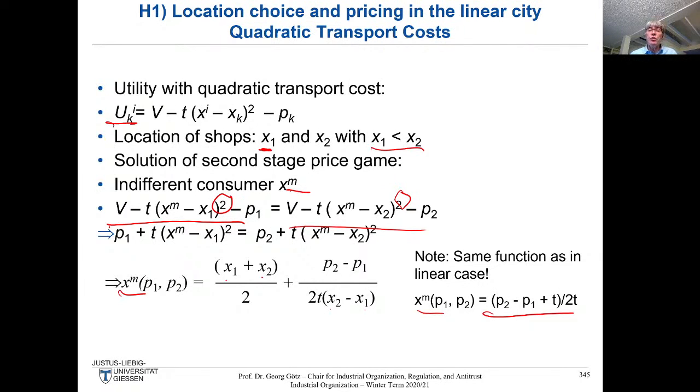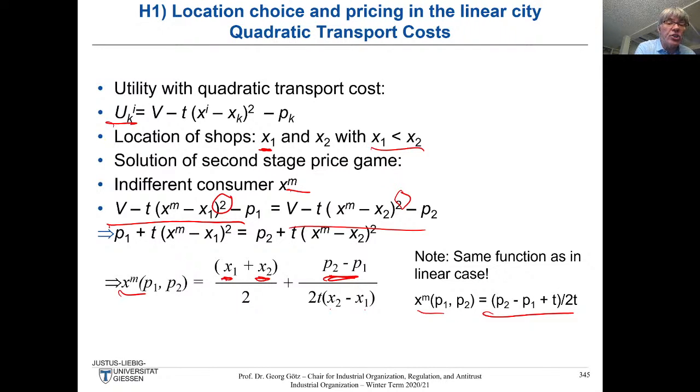But again, however, you get interesting results, because here, if prices are the same, it depends what your market share is, what the locations are. Suppose x2 would still be 1, firm 2 would be located at 1, but x1 would be 1/2, for instance, located at the center, then we would get here 3/4.